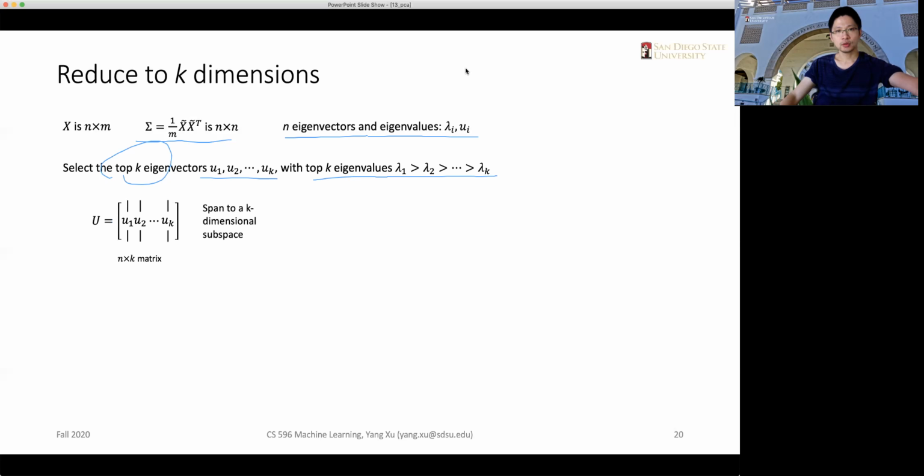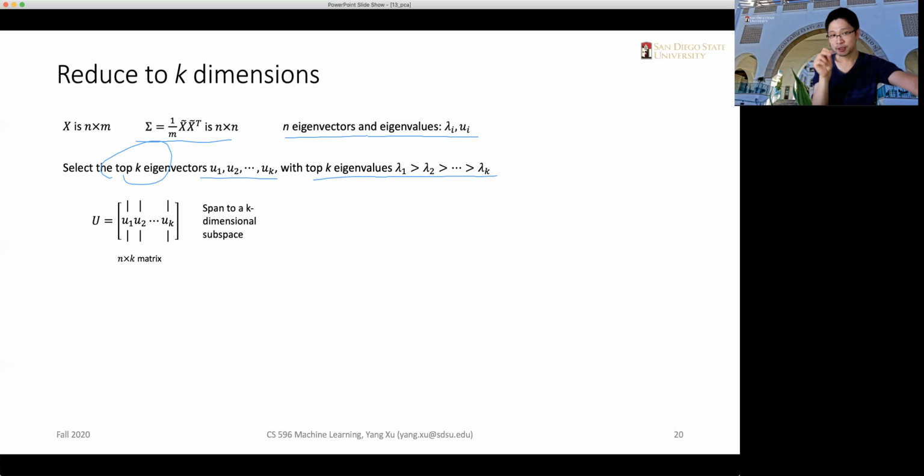Okay, so now if we put all these k eigenvectors and combine them into a matrix, we call it capital U. Then we can use this capital U, an n by k matrix, as a tool to cast the original data set into a k-dimensional subspace, because the original data is in the n-dimensional data space.